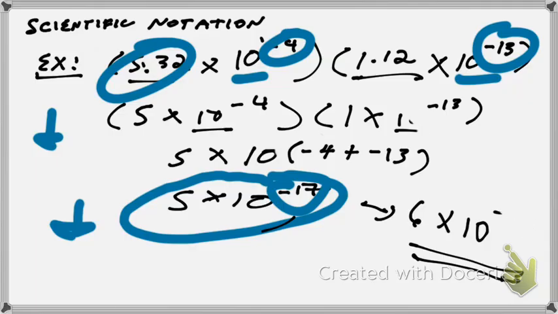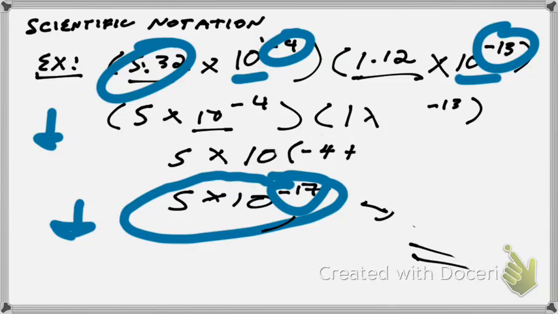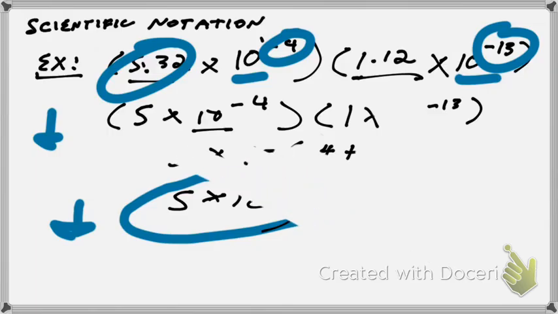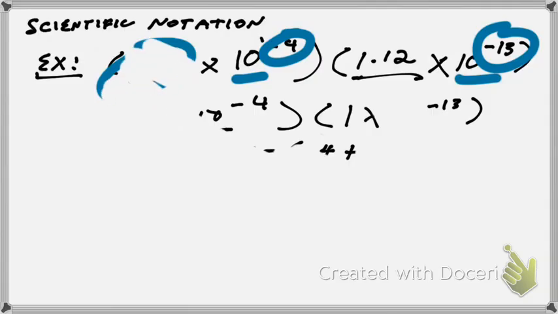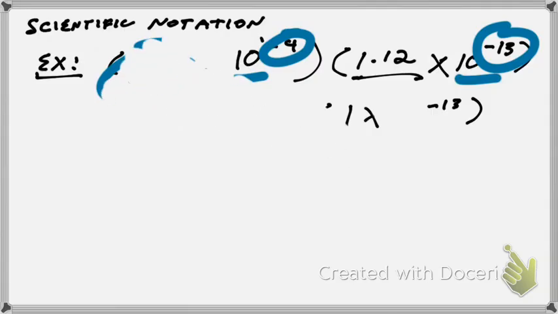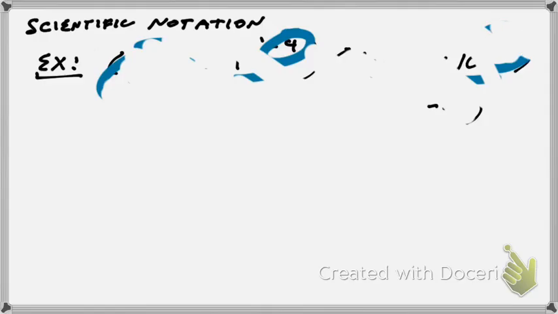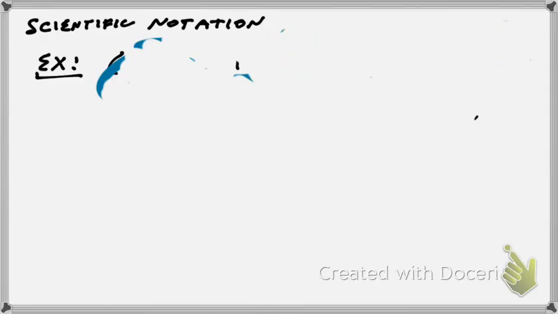So I'm just going to go ahead and erase all this, and I'm going to go ahead and divide these two numbers. All right, it's just taking a little bit of time.